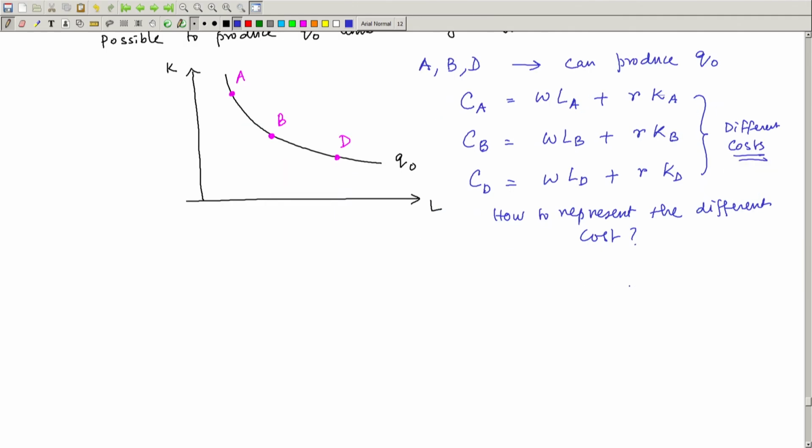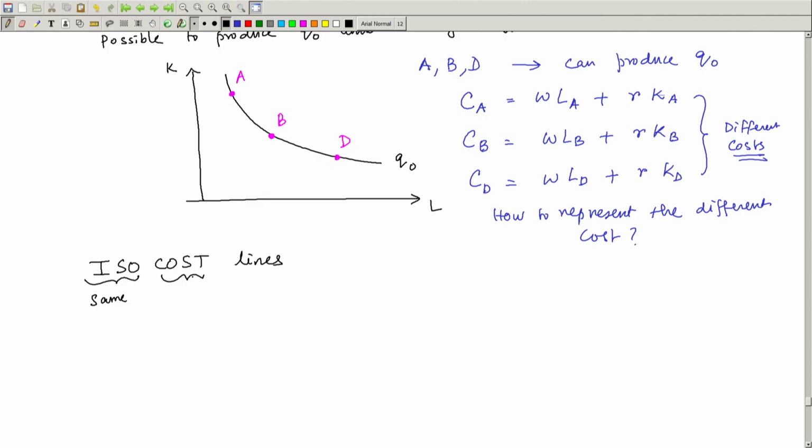And the answer to that is that we can represent the costs by drawing what is known as iso-cost lines. And as the name suggests, iso is same, cost. So iso-cost means same cost lines. So essentially, what are we interested in knowing? We are interested in identifying all combinations of labor and capital which are going to cost the firm the same amount of rupees.